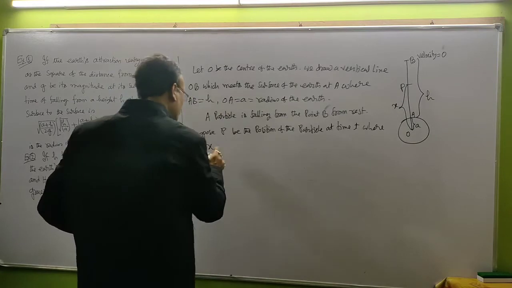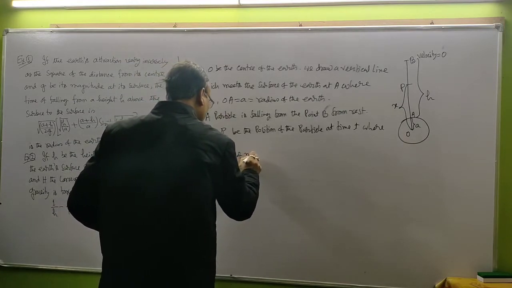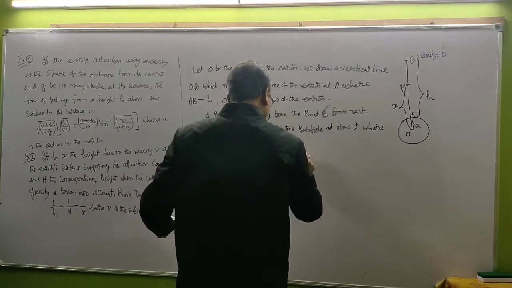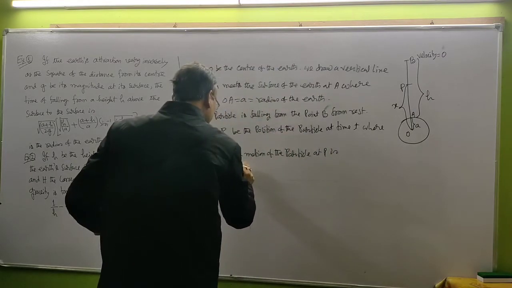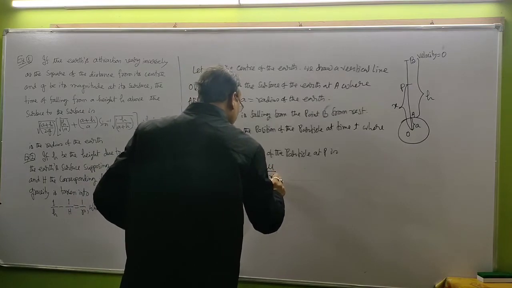The equation of motion of the particle at P is d2x by dt square equals minus mu divided by x square.